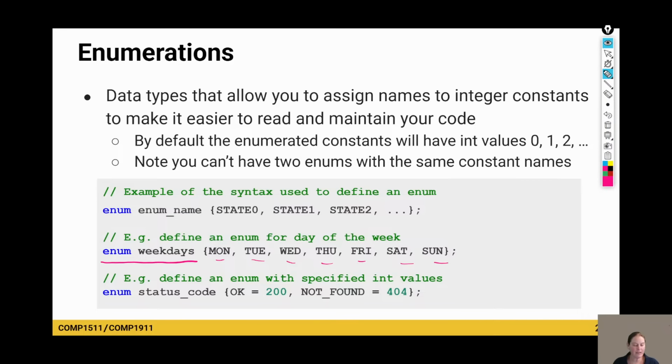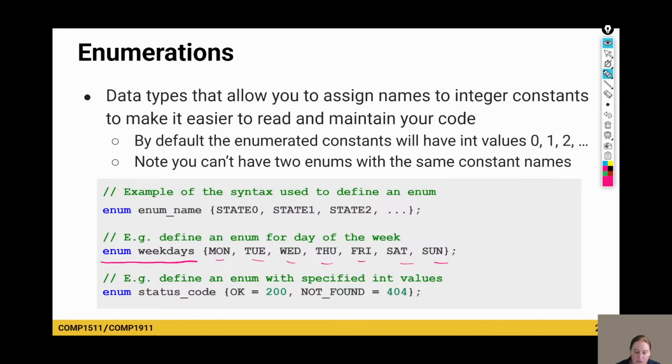So we can create variables that can store days of the week. Or we could do enum months or enum colors or something like that, where we're listing out a list of constant values.